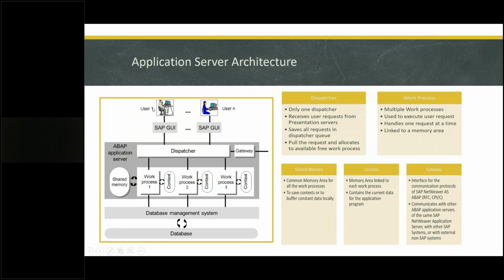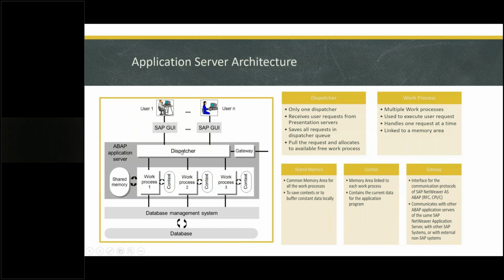When the user makes a request, like a purchase order, you enter the purchase order number and click enter or a display button. That request is sent to the application server, and the dispatcher receives it. In the application server, only one dispatcher will be there.